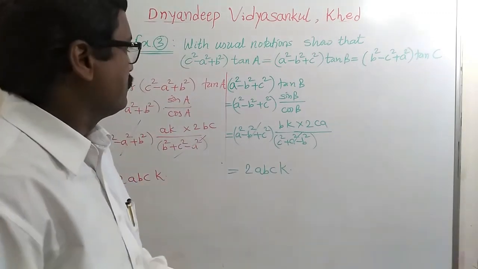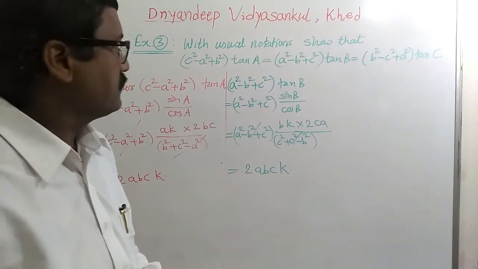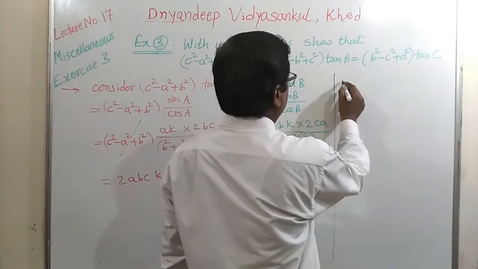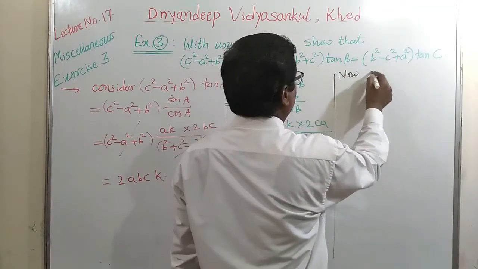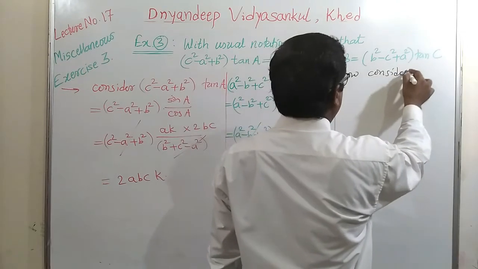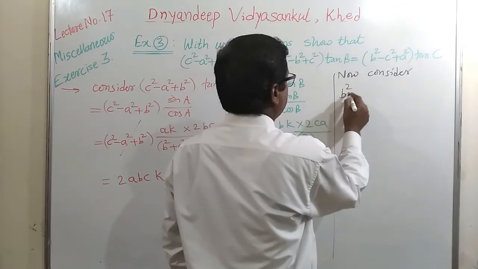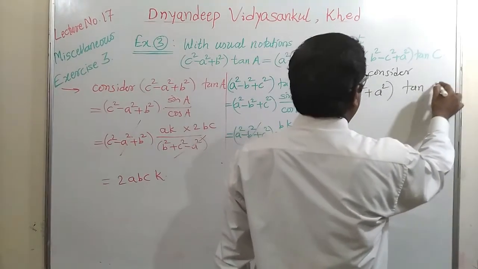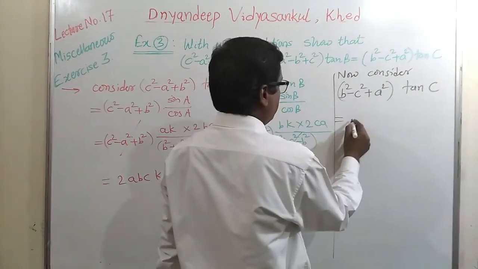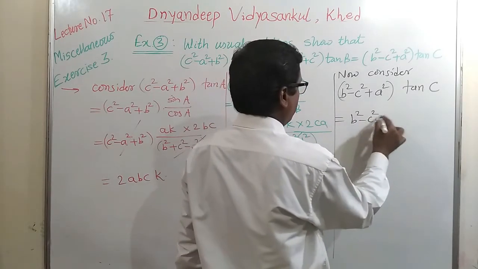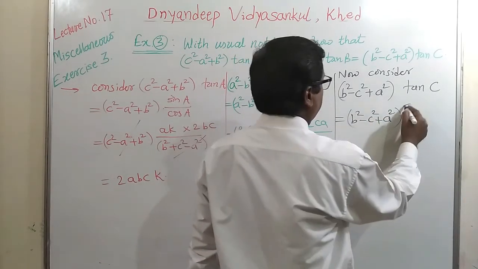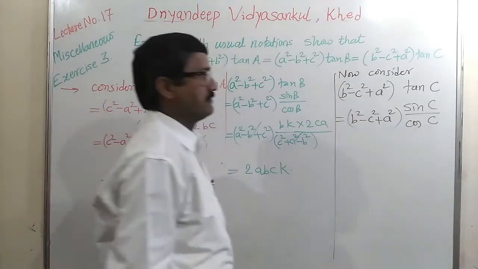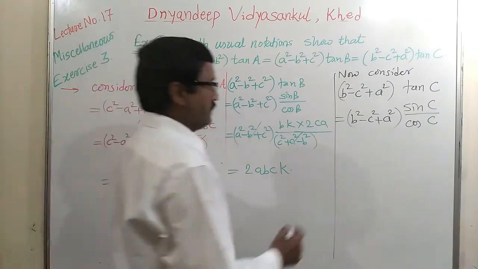Similarly, let us find the value of the third one. Consider (b square minus c square plus a square) out of bracket, tan C. That tan C is nothing but sin C upon cos C. Once again, sin C is nothing but cK.